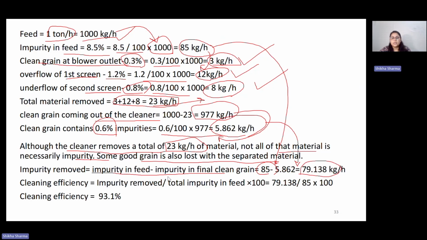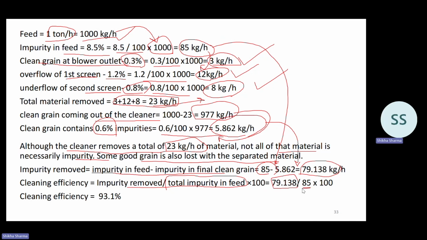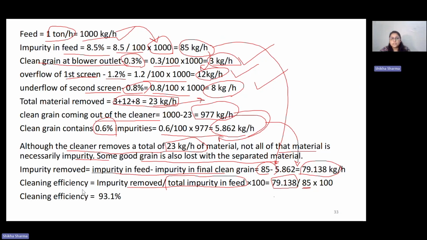When we divide this by the total impurity in the feed, 79.138 divided by 85 into 100, that is the cleaning efficiency. It is basically 93.1%. This is the exact answer.